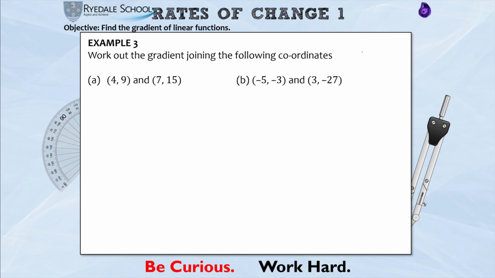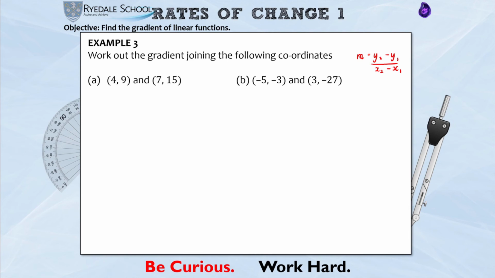I'll just scribble the formula where I can see it because I might want to refer to it. So m equals y2 minus y1 over x2 minus x1. So this is just a job of substitution, but it's always really important to label your coordinates and not get them mixed up.